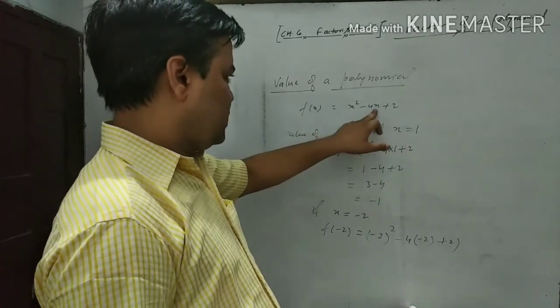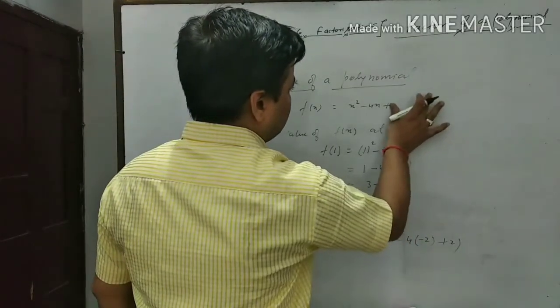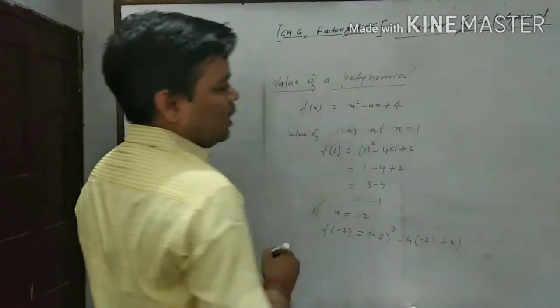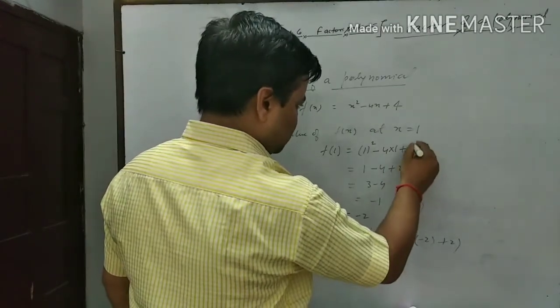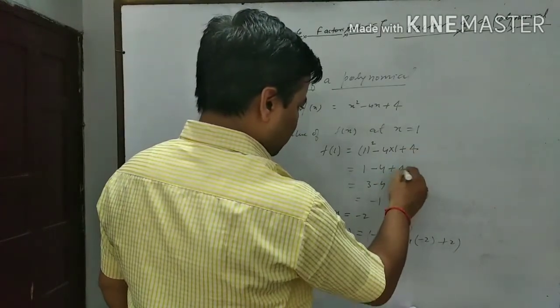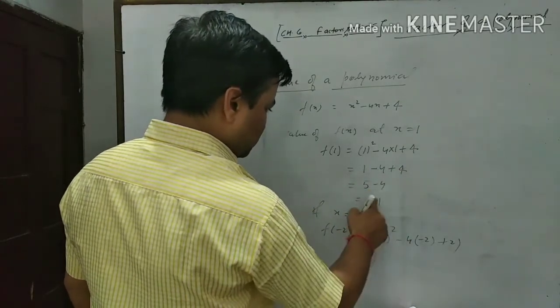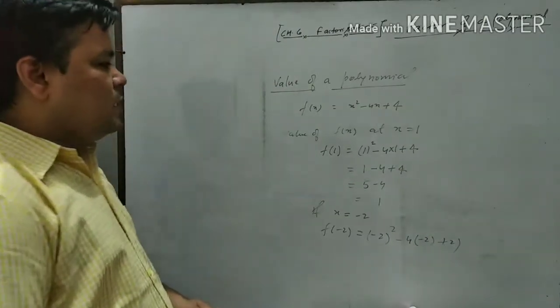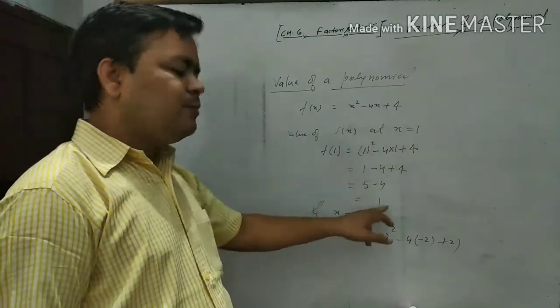Wait, here it should be plus 4, and here minus 4. Then it will be 4, 4, 4 and 1, 5, and 5 minus 4 will be 1. So the value of the polynomial at x equal to 1 will be 1.